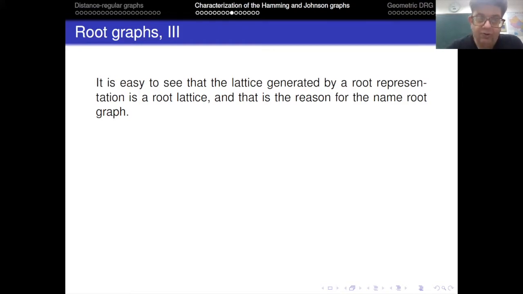Luckily for us, the root lattices were classified by Witt in the 1940s. So we know all of the root lattices.